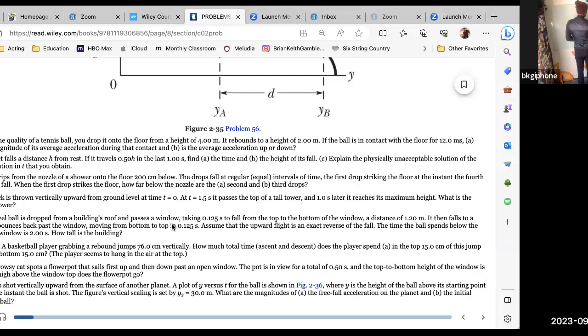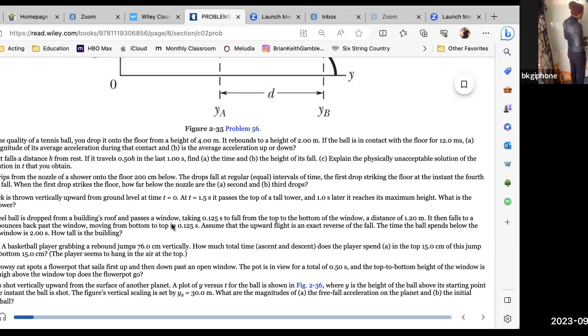This position is Y top. This position is Y bottom. I'm going to call this position Y ground. I'll just call it Y naught, meaning not at time t equals 0, but I'll call it Y ground because technically Y naught, I guess, would be the roof. But whatever, we can call it whatever you want.